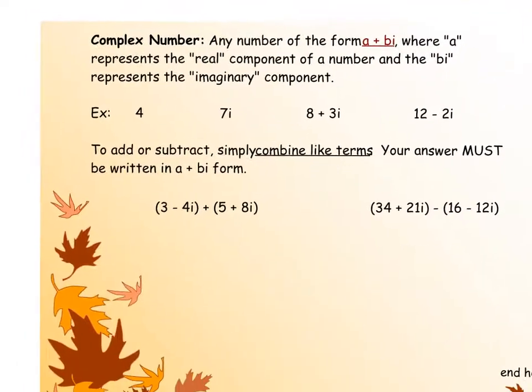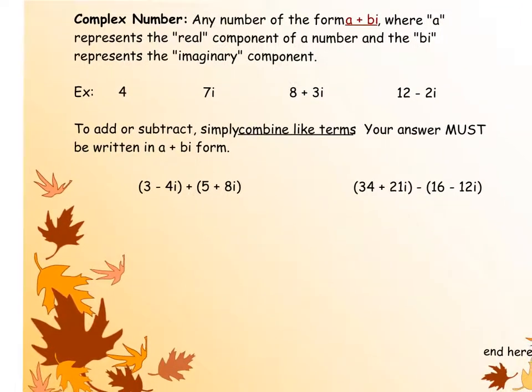All right, I want to jump down here because I want to look at some operations with complex numbers, in particular addition and subtraction. Okay? When we are doing addition and subtraction, we will see that complex numbers are written in the form a plus b times I. They have a real component and they have an imaginary component, and we can really treat these like terms.